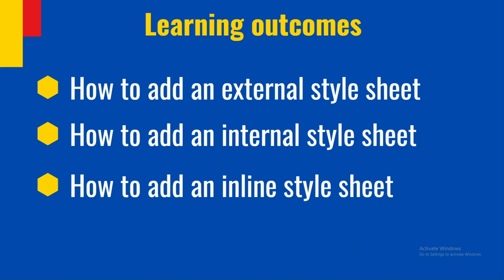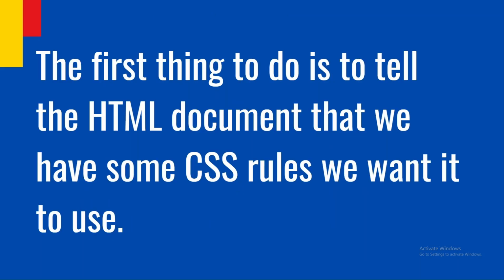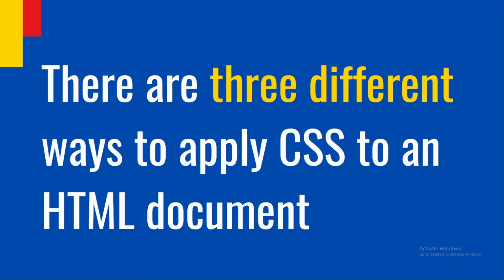Now, the first thing to do is to tell the HTML document that we have some CSS rules we want to apply to the elements on the document. Now, there are three different ways to apply CSS to an HTML document. So what are the three ways?